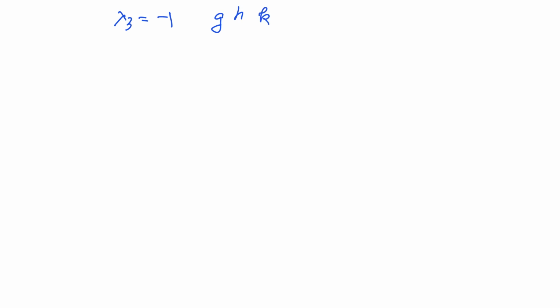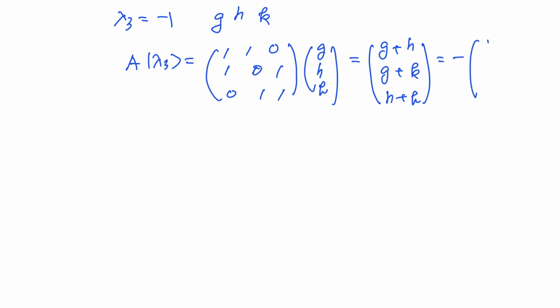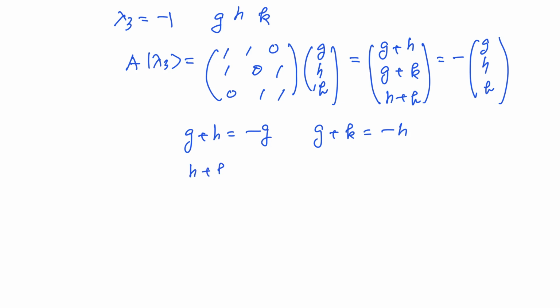G, H, K. So A times lambda 3 is 1, 1, 0, 1, 0, 1, 0, 1, 1, G, H, K, which is G plus H, G plus K, H plus K is minus of G, H, K. So G plus H is minus G. G plus K is minus H. H plus K is minus K.